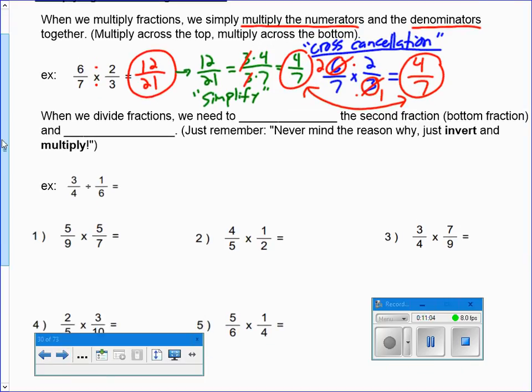So dividing fractions is going to be very similar to multiplying fractions. The only difference is we have to flip our second fraction. We have to invert it before we multiply.